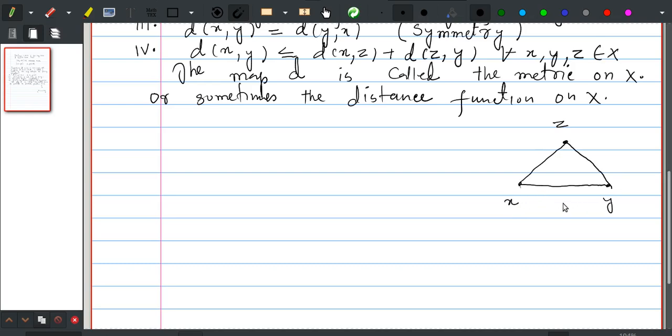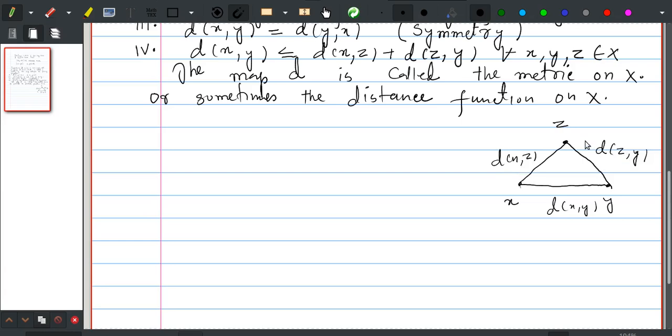So this is the distance from x to y, this is the distance from x to z, and the distance from z to y. We know from elementary classes that the sum of two sides of a triangle is always bigger than the third side. That is why the distance of xy is less than or equal to the distance from x to z plus the distance from z to y.